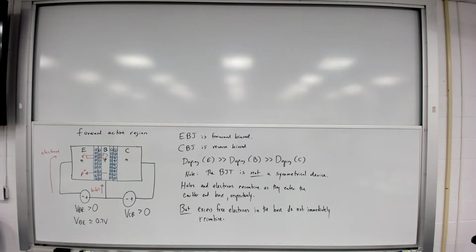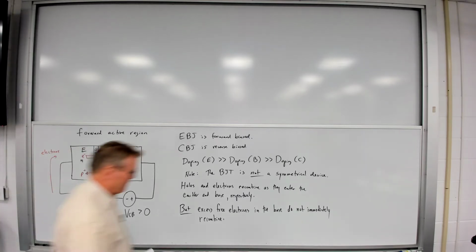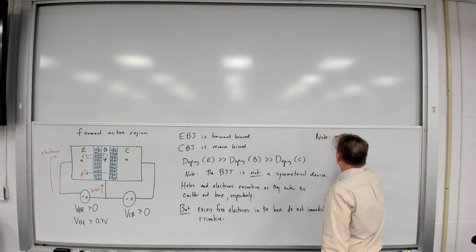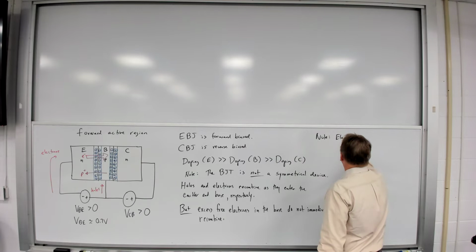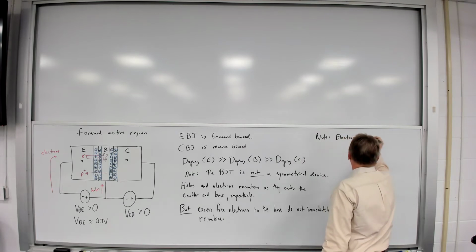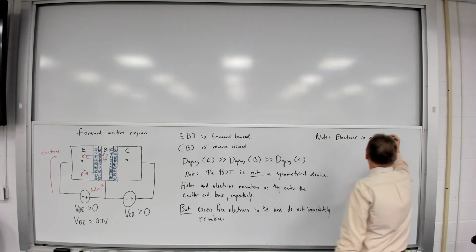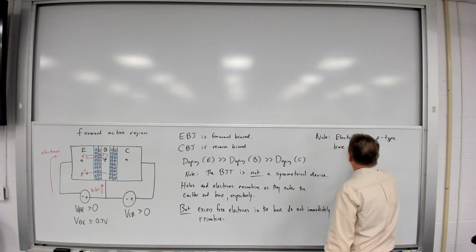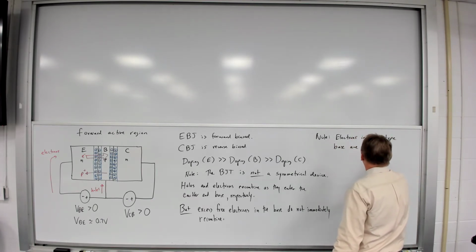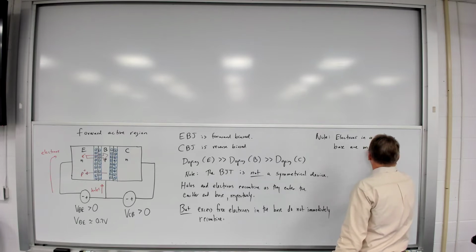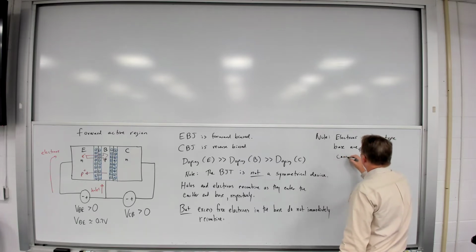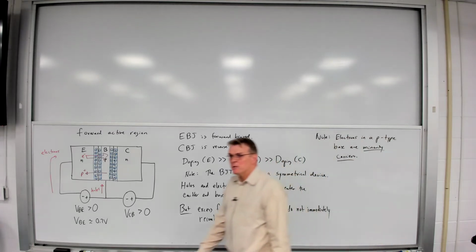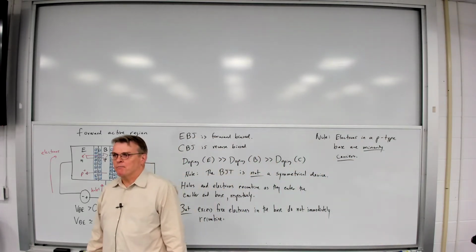It's a minority carrier. Electrons in a p-type base become minority carriers.